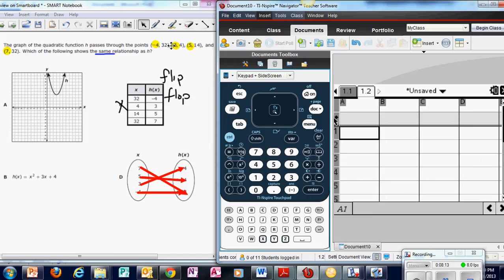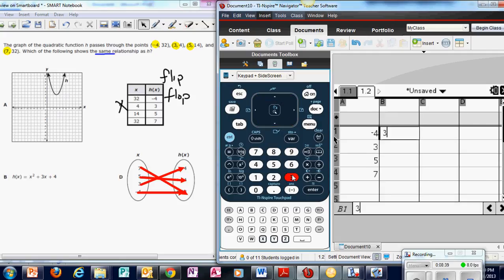And I'm going to take those points that are listed in my relation, and I'm going to stack them up, and then I'm going to enter them how they would have been stacked up. So for column A, those are my independent, the domain, my x values. I have negative 4, 3, 5, and 7. Then arrow to the right and back up.